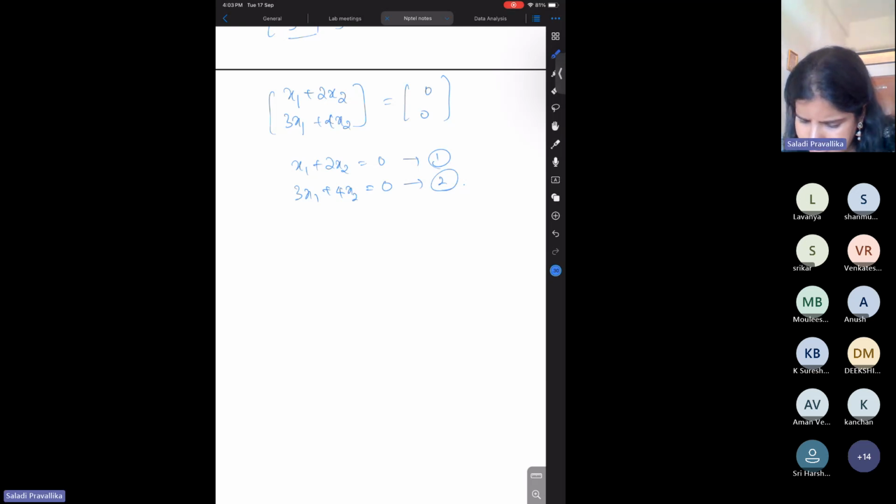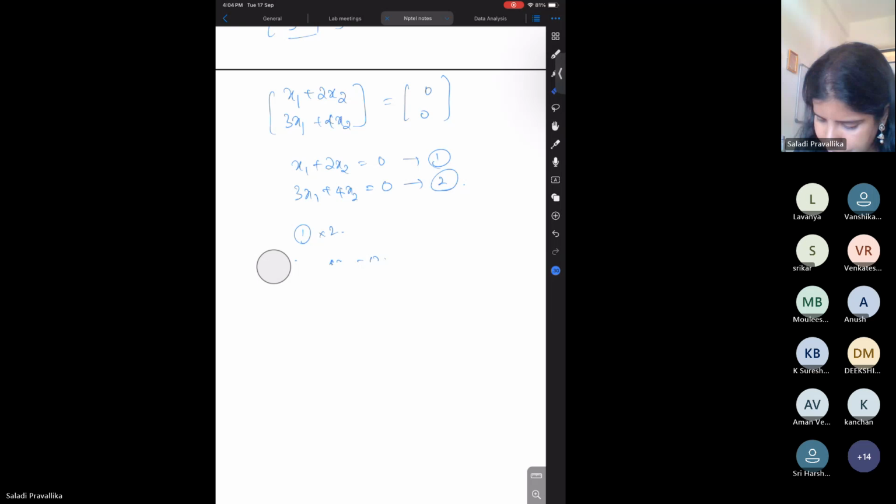They are 0? I don't think so. Let's see. I can write X1 is equal to minus 2X2 and put it in this one.